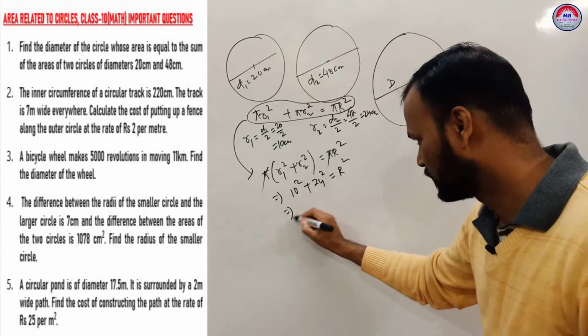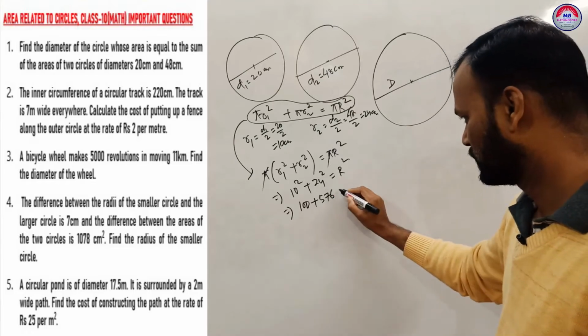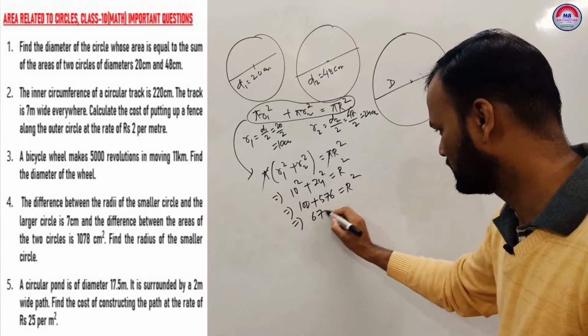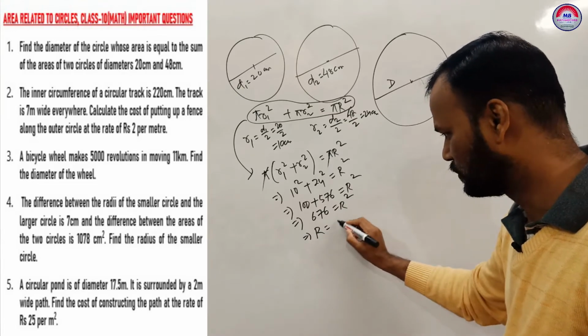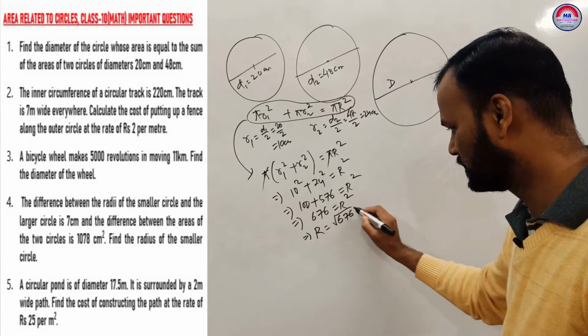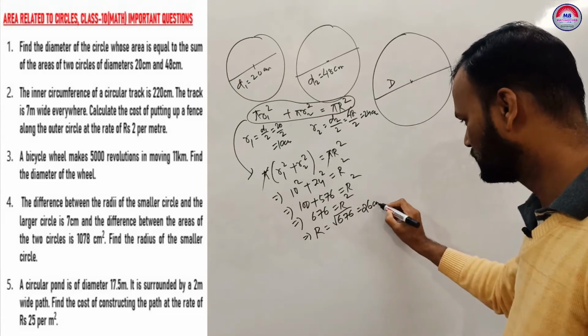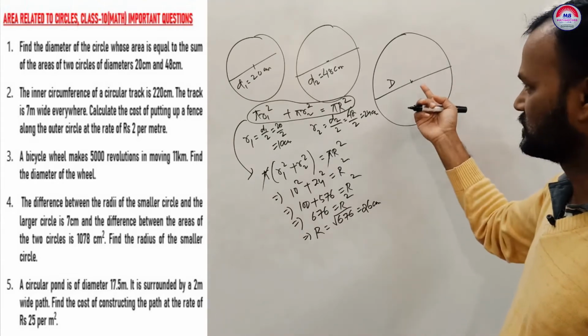This is 100 plus 576 is equal to R square. That implies 676 is equal to R square. Then you can find R is equal to square root of 676. Square root of 676 is 26. So 26 centimeter is the radius of the third circle.